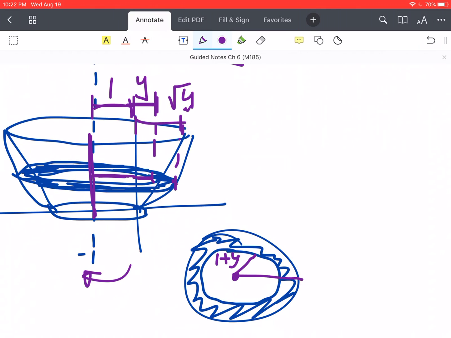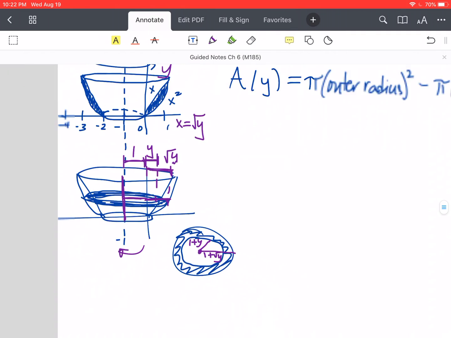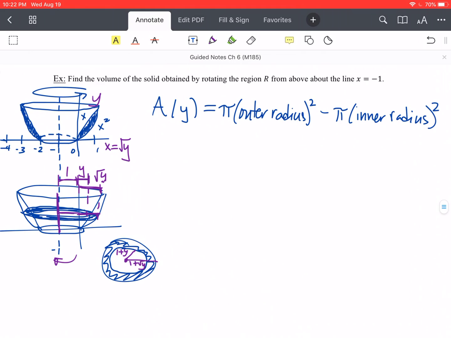And the outer radius is again that same 1, but this time plus a little bit extra, so plus the square root of y. Okay, those are going to be the radii of these circles.